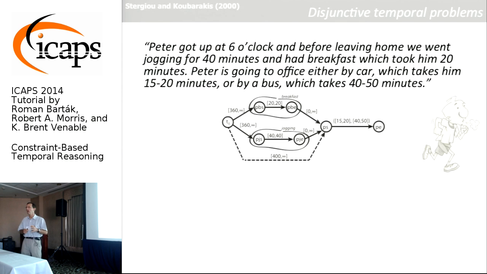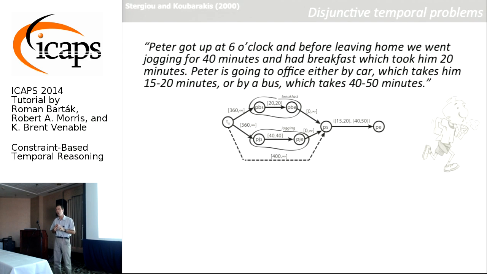I can describe it using this temporal CSP. This is the disjunction. But it does not tell the whole story, right? Something is missing. Can you see what's missing in this network? The order between breakfast and jogging. Exactly, yeah.